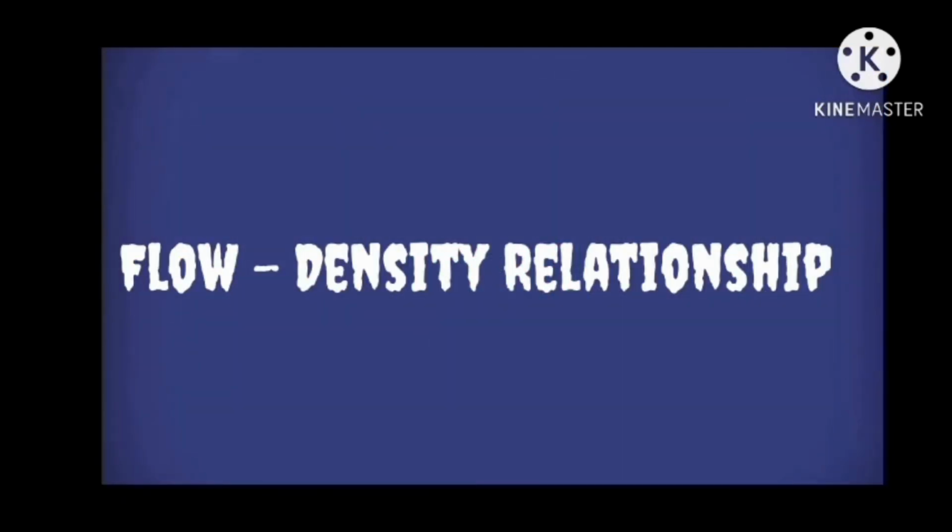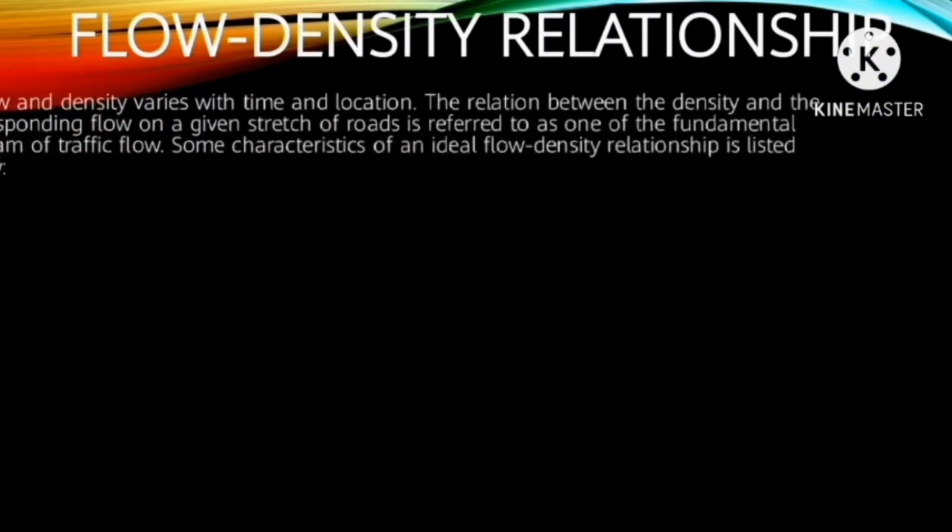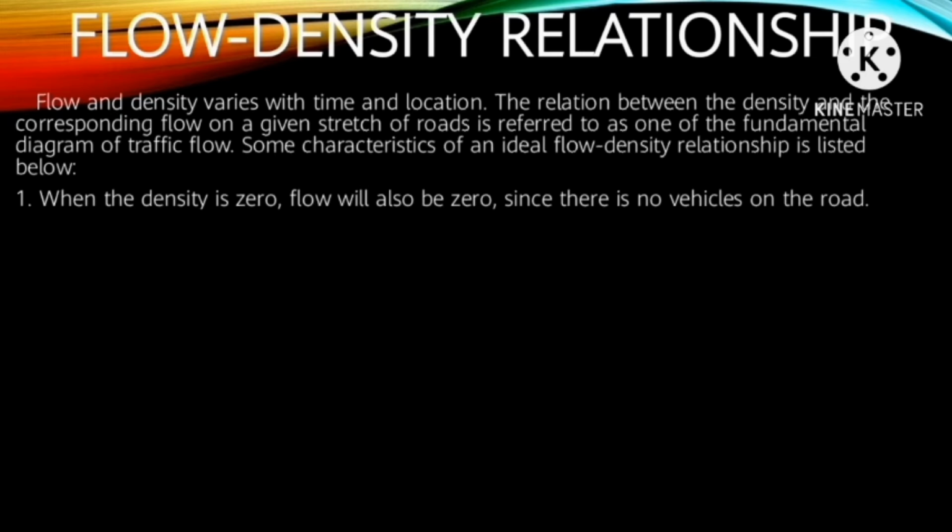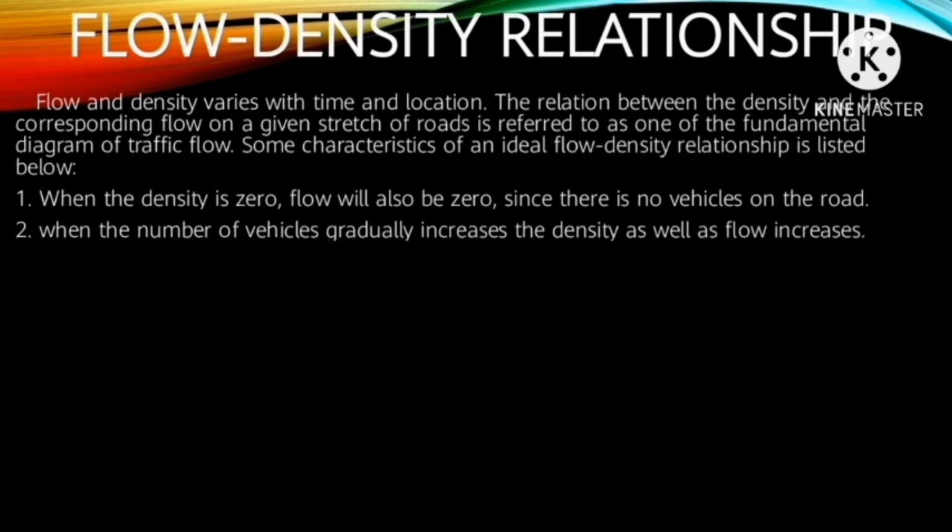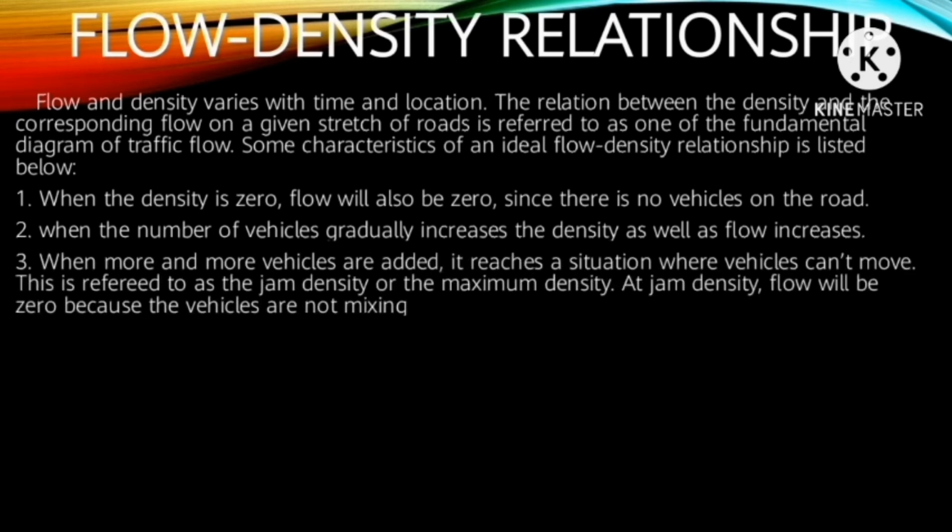Dito naman sa flow density relationship, kapag zero ang density, zero din yung flow kasi syempre kapag walang density, ibig sabihin walang vehicle. Ikalawa is when the number of vehicles gradually increases, the density as well as flow increases. Habang dumarami ang sasakyan, tumataas din yung density at pati na rin yung flow.